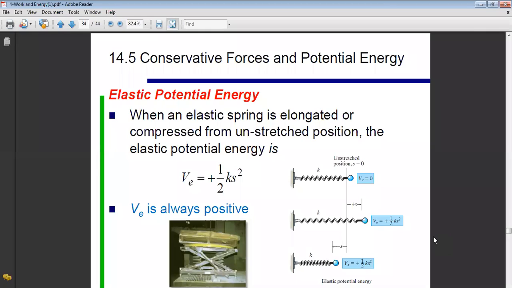Now, the elastic potential energy is half K S squared, okay? Where S represents delta L, the stretching or compression of your spring, okay? So please pay attention. Here we put S squared because the unstretched position is at S equals 0.